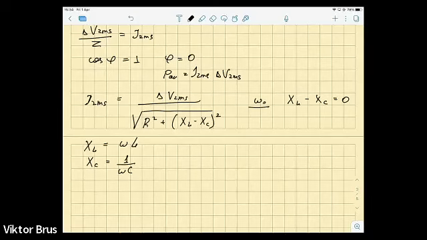So taking into account this condition, you can write that at some frequency omega naught times L, it should be equal to 1 over omega naught times C. And from here, we can write the definition of this angular frequency at which the resonance is happening. So that will be omega naught equal to unity divided by the square root of the product L times C.